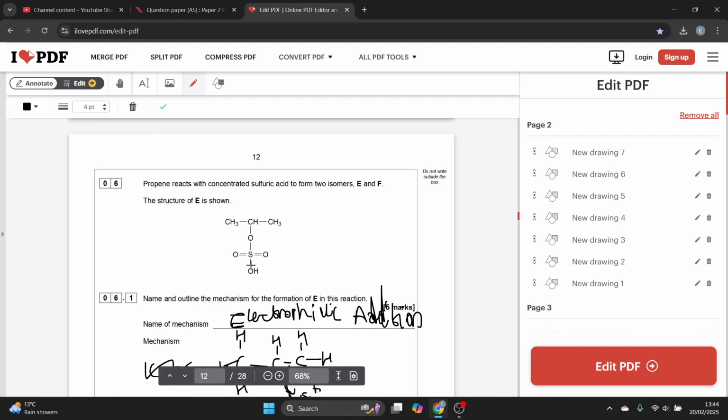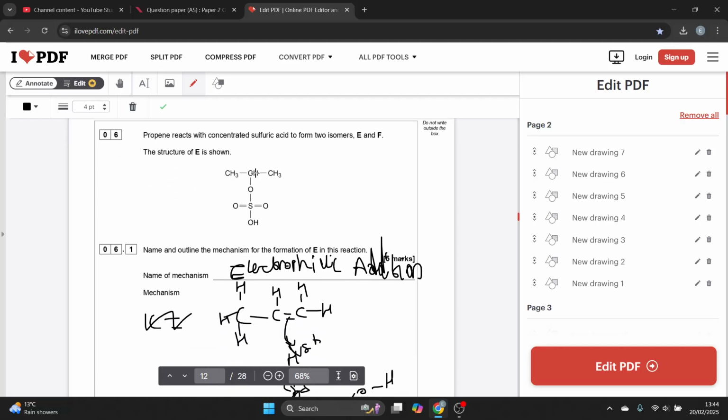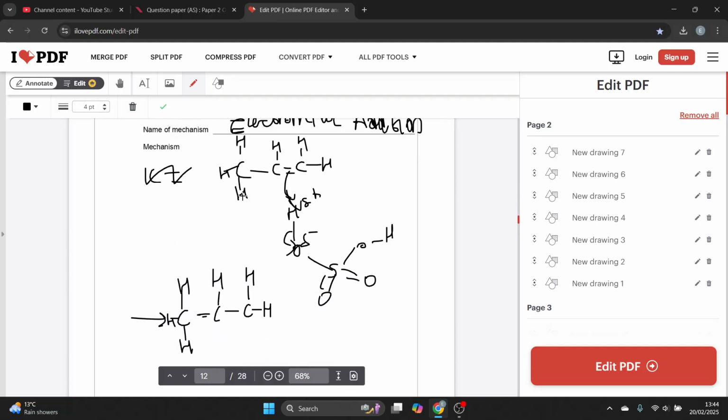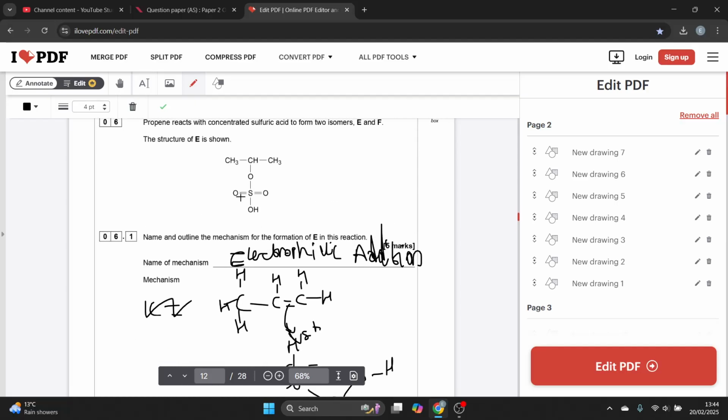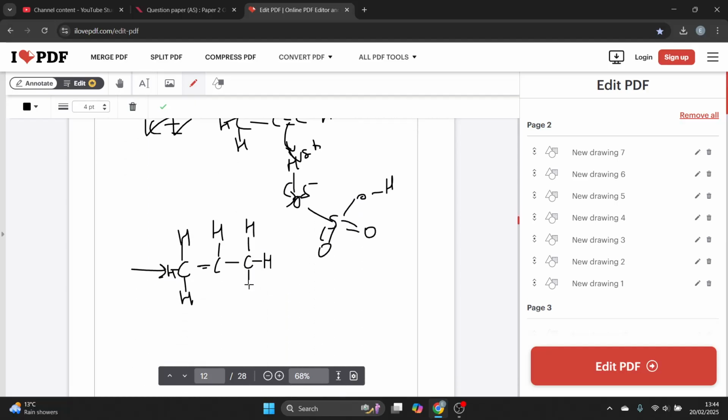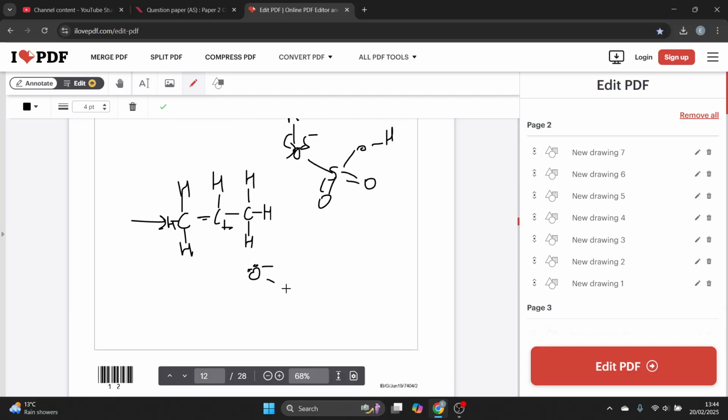I can see here I've got this bonded to this carbon, which is a secondary carbocation, so it's going to be here. So the hydrogen goes here, carbocation is here, oxygen with lone pair of electrons, negative charge, S double bond O, OH, bonds to it.